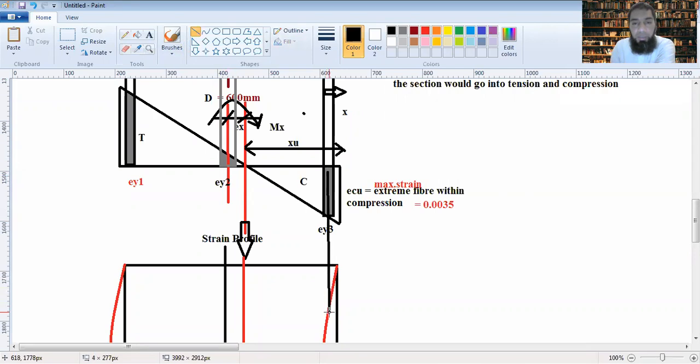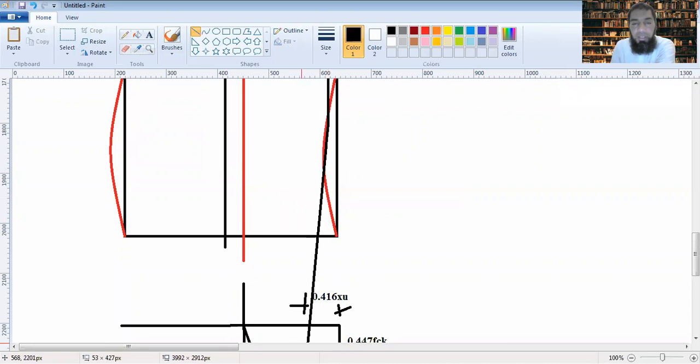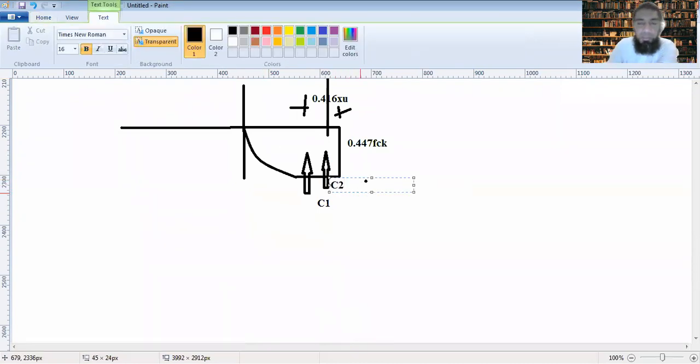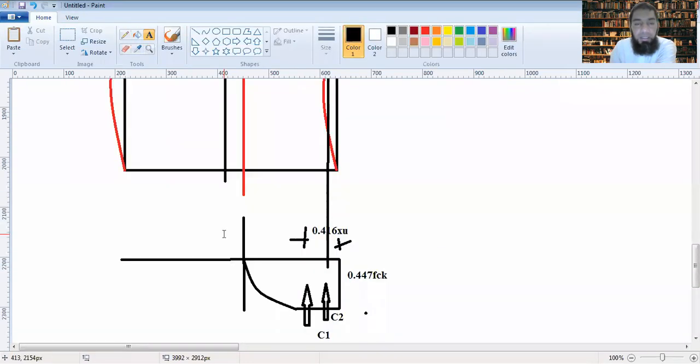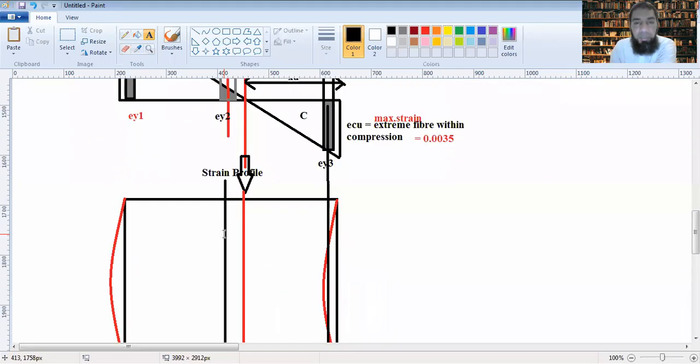The other C would be acting absolutely under this point. So there is C acting here, which is C2. Now C2 is the compression force taken by the steel bars.